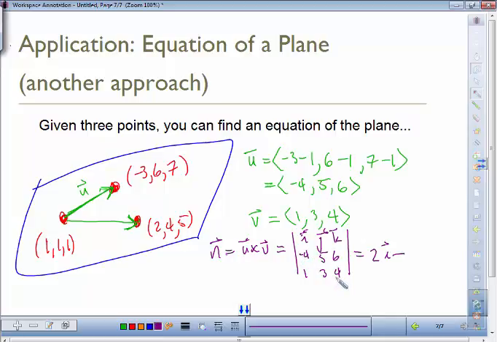That's negative 16, minus 1 times 6, 6. Negative 16 minus 6, negative 22. And then in my k component, I have negative 4 times 3, that's negative 12, minus 1 times 5, minus 5. Negative 12 minus 5, negative 17.